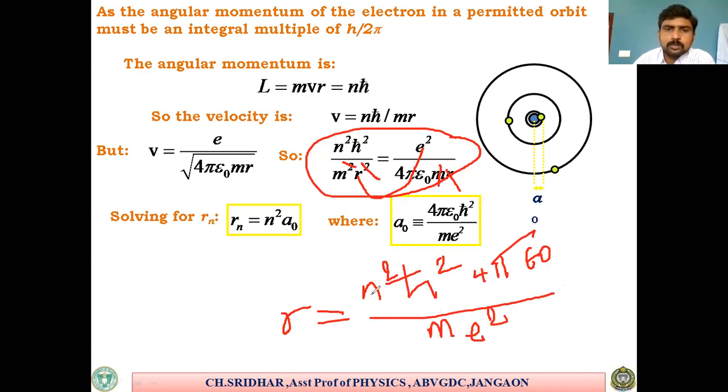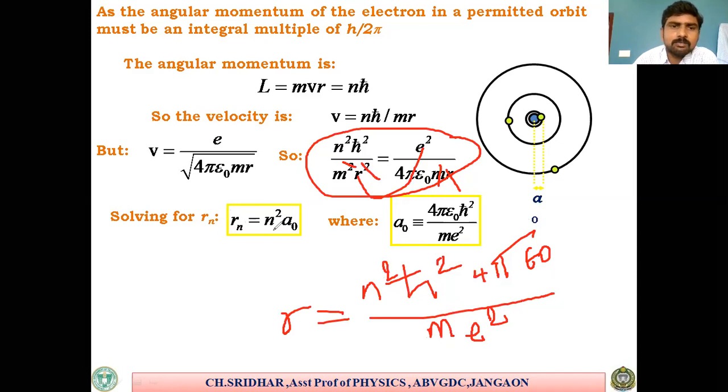In this equation, h cut is a constant, 4 pi epsilon naught is also a constant, m is the mass of the electron, which is also a constant, and e is the charge of the electron, also a constant. Making all these one constant, a naught is equal to 4 pi epsilon naught h cut square by m e square, and we are left with R equals n square into a naught, where R is the radius of the nth orbit, denoted Rn.